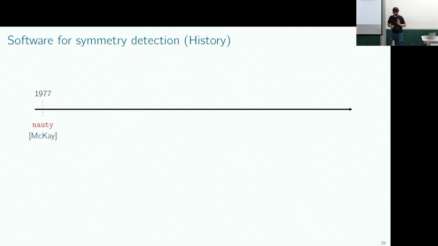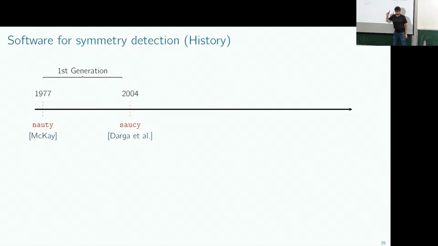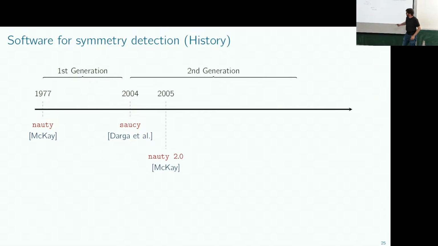And for the longest time, that was the tool to use until roughly 2004, when some people from the SAT community started implementing something that was specific to SAT, called Saucy. This was very good in particular for sparse graphs. That prompted Brendan to come up with Nauty 2.0, a sparse version of exactly the same tool, but he didn't use adjacency matrices anymore, and he made it more efficient.